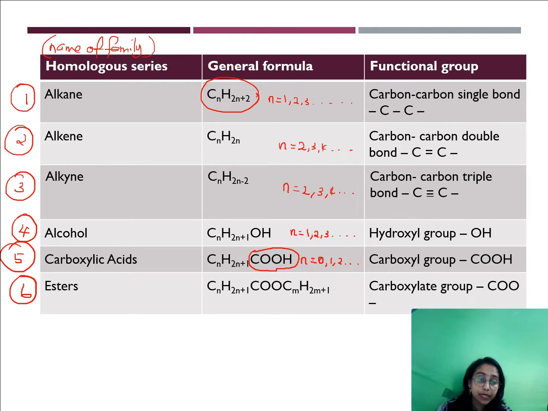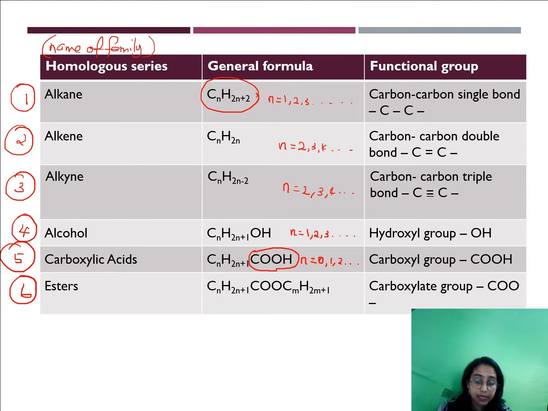So these are the parts you have to be clear of. But when writing up the answer for the general formula, try to write the basic one, the CnH2n-something. No need to enclose the value of n, because the value of n is not required in writing the general formula. If you wrongly substitute the number, it will affect your marks. So better not to take the risk. So remember, alkane general formula is CnH2n+2.